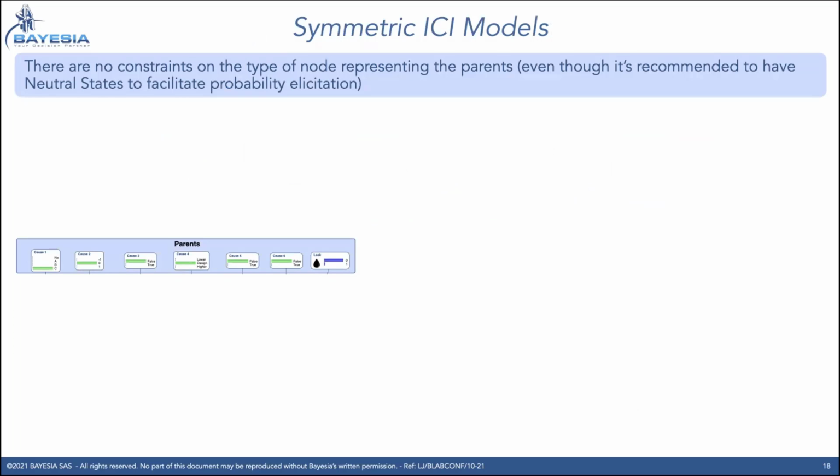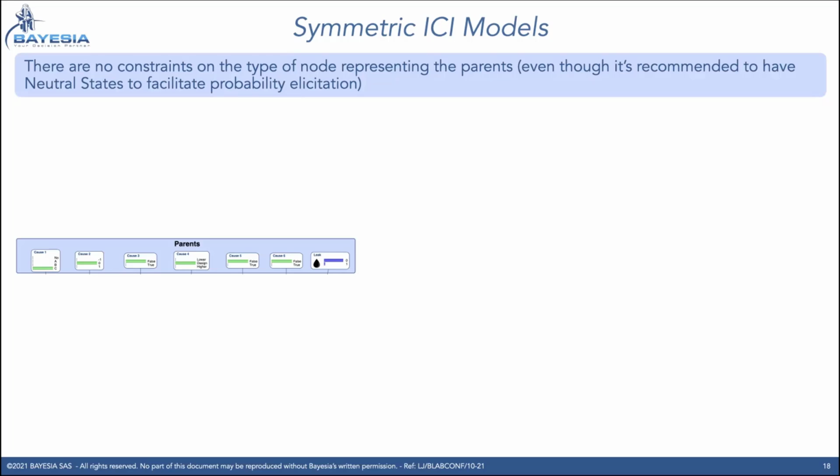So now I want to talk about symmetric ICI models. In that case, we don't have any constraints on the type of node that represents the parent. In my first example with the noisy OR and the OR, all the parents were Boolean, and then I was using an OR for computing the probability of the symptom.